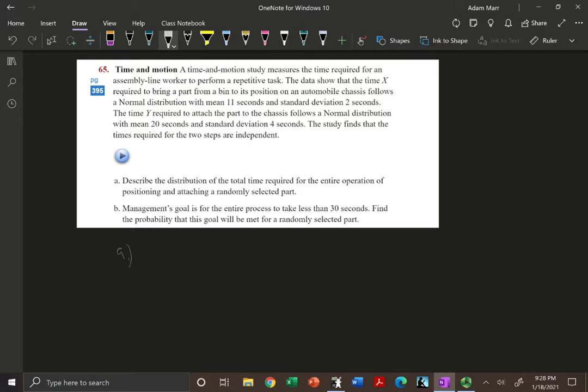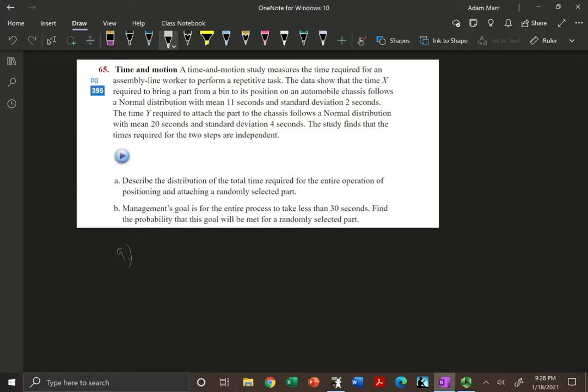All right, so it says describe the distribution of the total time required for the entire operation of positioning and attaching a randomly selected part. No problem. So we're going to describe this distribution. What is that going to entail?